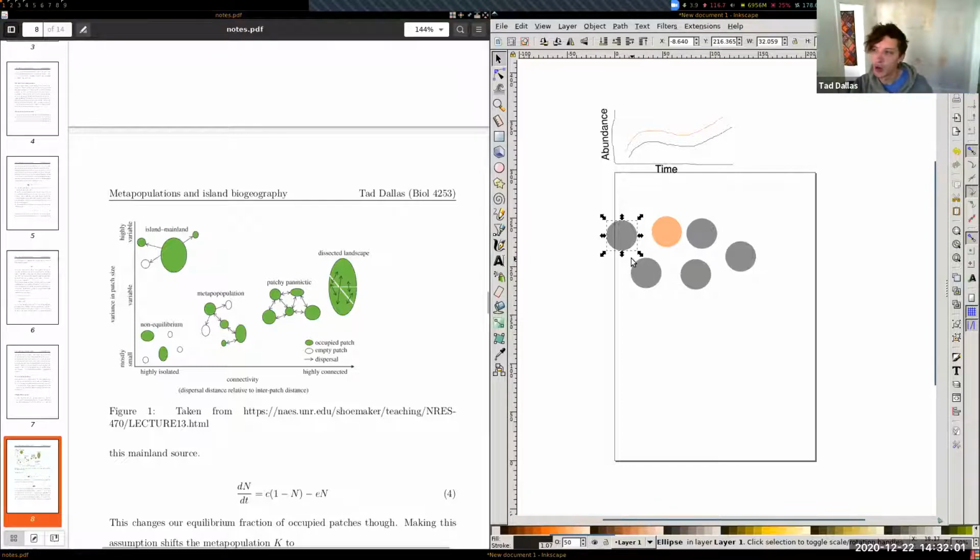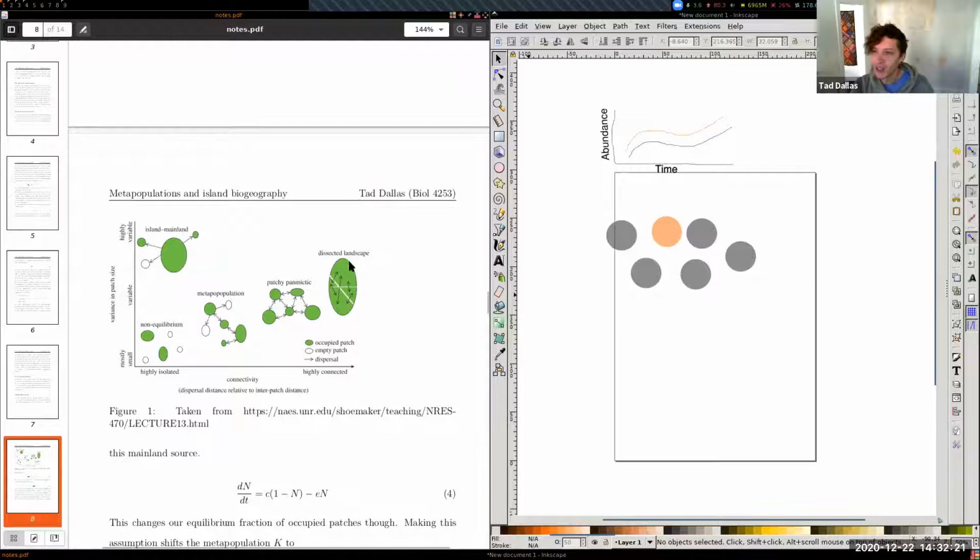Dispersal is strong enough to basically make this one big patch, even though there is some dispersal and there are dynamics. You're assuming individuals can disperse pretty much anywhere. So it's panmictic, meaning all mixing.